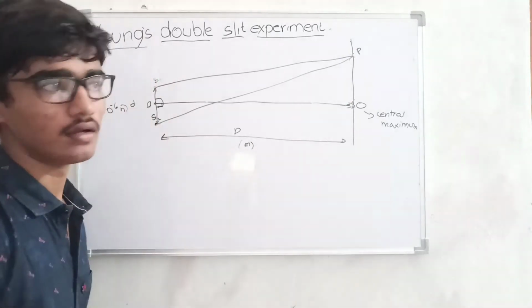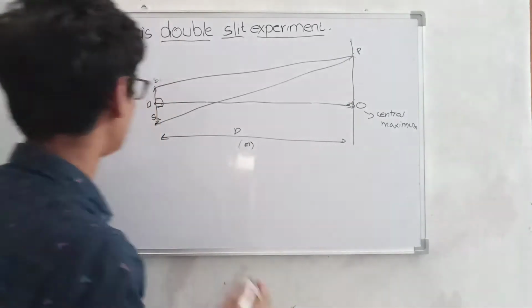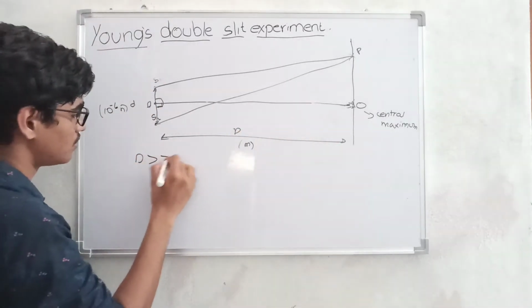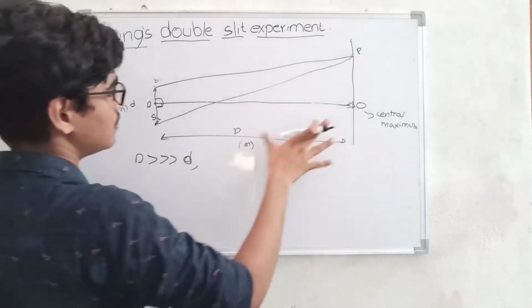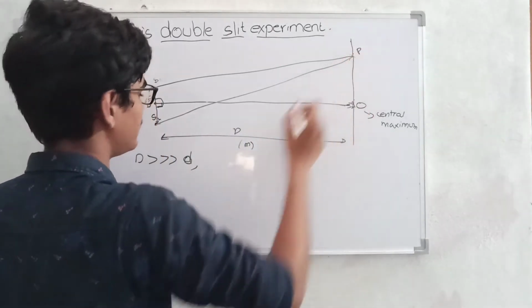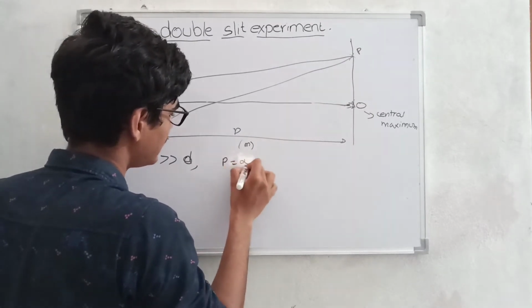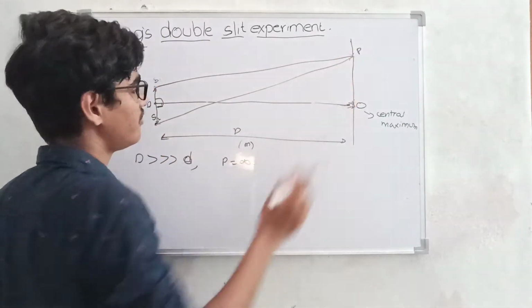When we compare 1 kilometer with 10 lakh kilometers, this distance will be so large, and we compare this point at infinity. Consider the point P is at infinity. That means two rays meet at infinity.